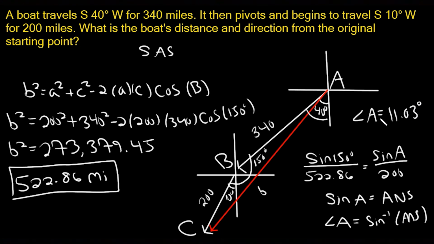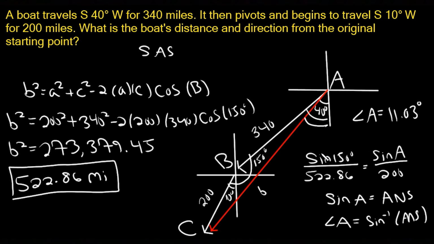You're not done yet. Remember, I now have to take 40 and subtract this number from it. So 40 degrees minus 11.03 gives me the resultant bearing, which is 28.97. That's the angle I'm looking for, the angle right here that we just found.